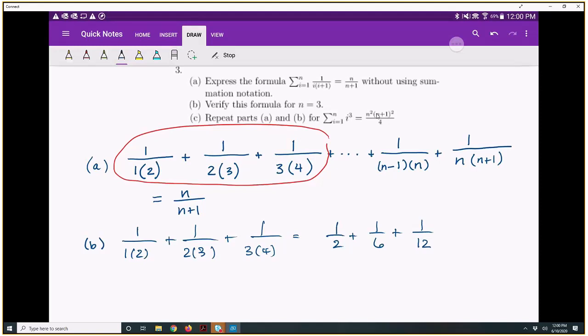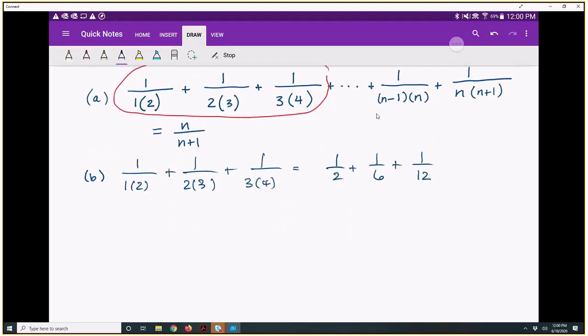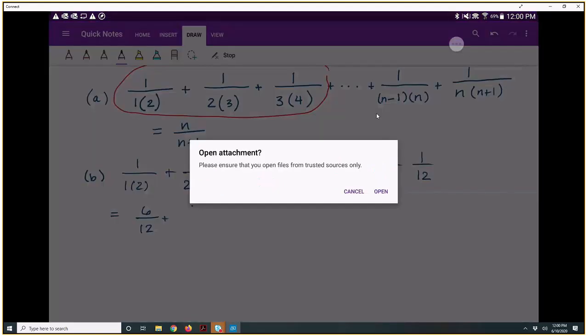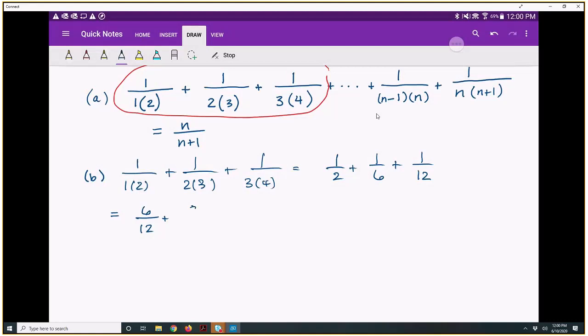If I want to find a common denominator, then I can write this as 6/12 plus 2/12 plus 1/12. And when I add them together, I get 9/12.